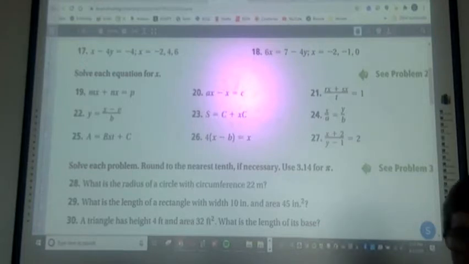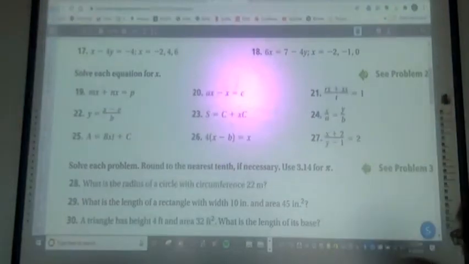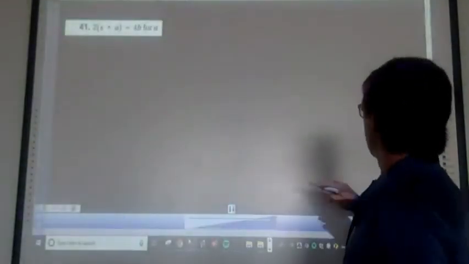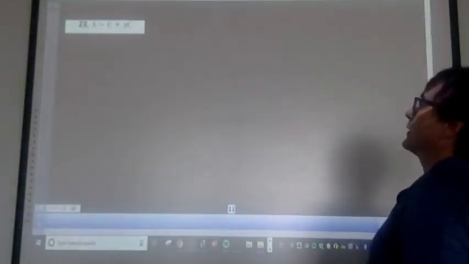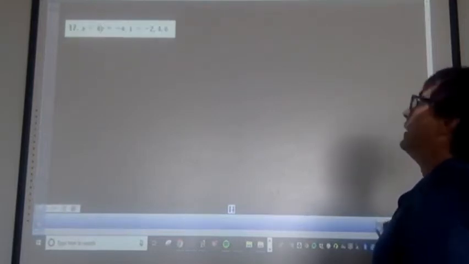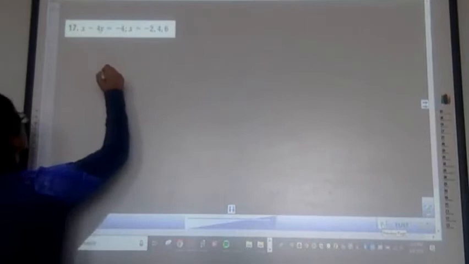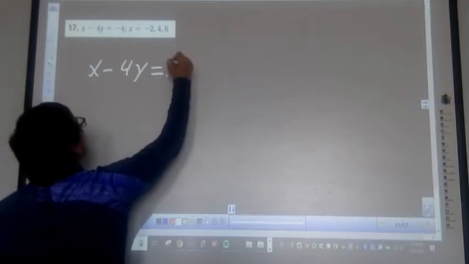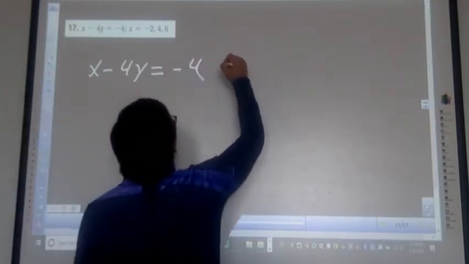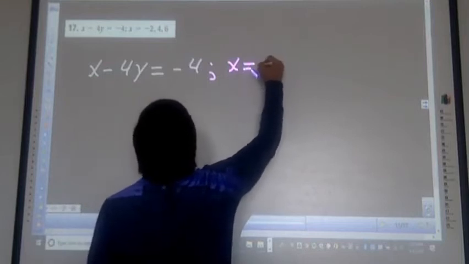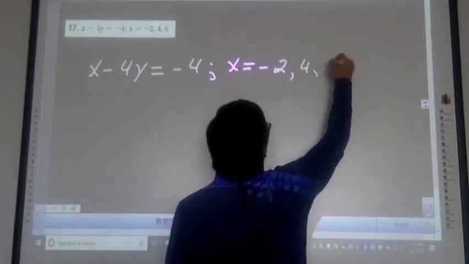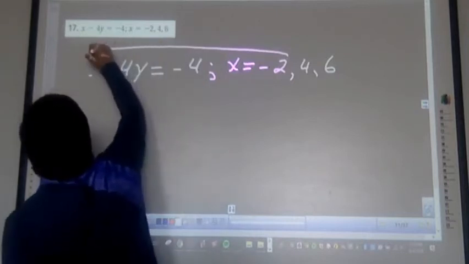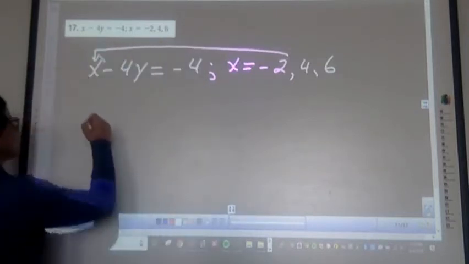Wait, I don't understand number 17. Okay. What I'm supposed to do in that instance? 17 is just like the first example. So all you got to do is plug in that -2 first.